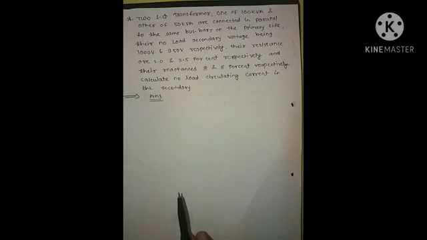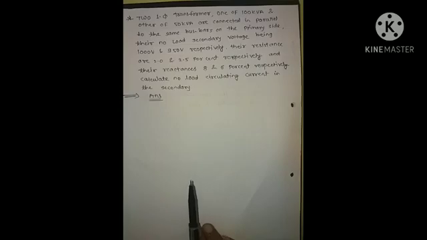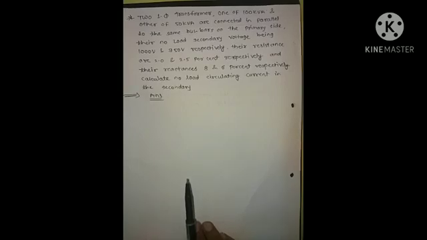Their no load secondary voltages are 1000 volt and 950 volt respectively. Their resistances are 2 and 2.5% respectively, and their reactances 8 and 6% respectively. Calculate the no load circulating current in the secondary. Let's start the numerical.